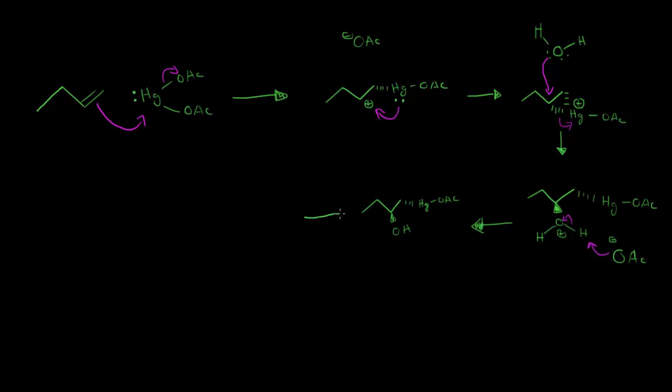And to do that, all we gotta do is perform the second part of the reaction, which is simply NaBH4 with, I believe it was something like OH negative. And all this does is it just replaces this Hg-OAc group with a hydrogen.